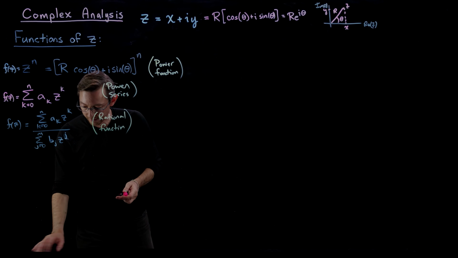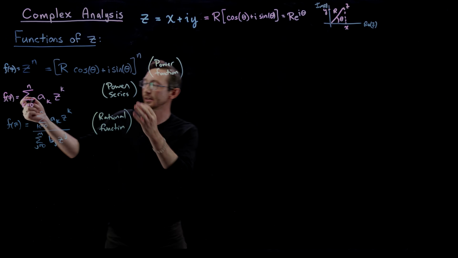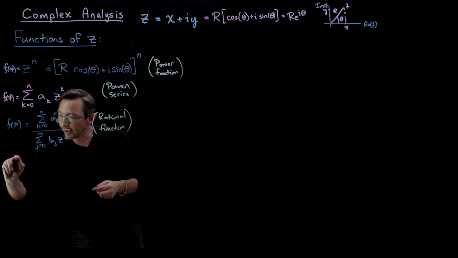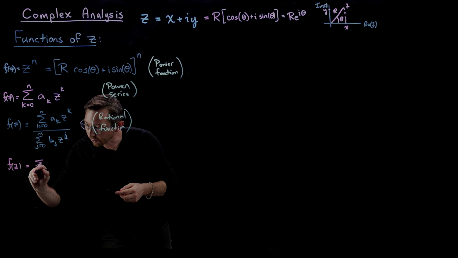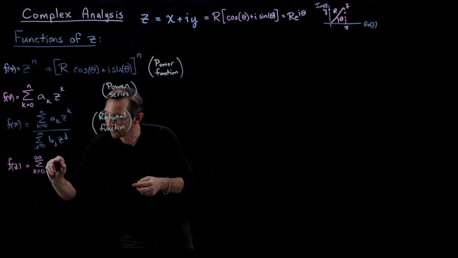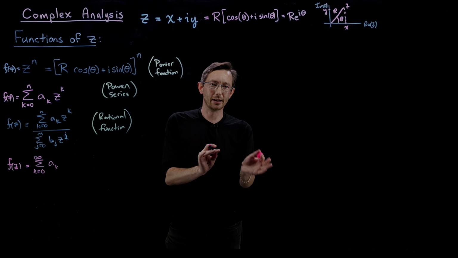The last one I want to introduce is the Taylor series, which is essentially a power series where now n goes to infinity. So now I'm going to have f of z equals the sum from k equals 0 to infinity of a k. And here I'm going to make it a little more general.